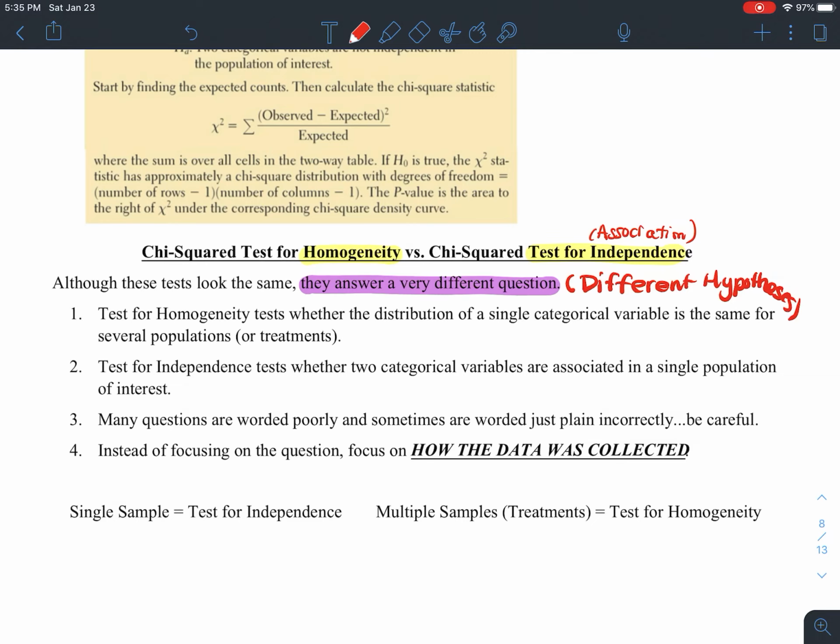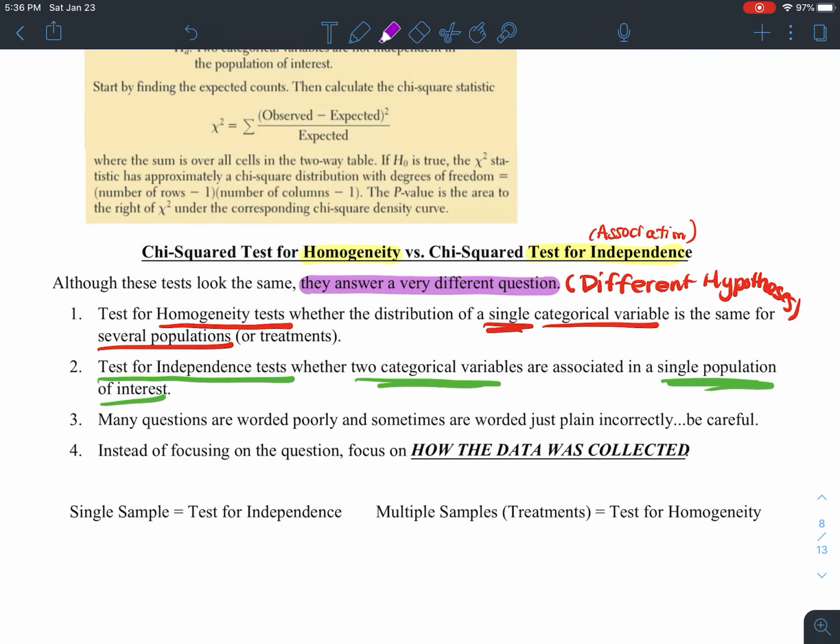So the test for homogeneity tests whether the distribution of a single categorical variable is the same across several populations, versus the test for independence, which is measuring how two categorical variables are associated in a single population. A lot of times questions can be worded kind of poorly, not on the AP test, but they're worded in such a bad way that it's sometimes difficult to tell the difference between these two tests.